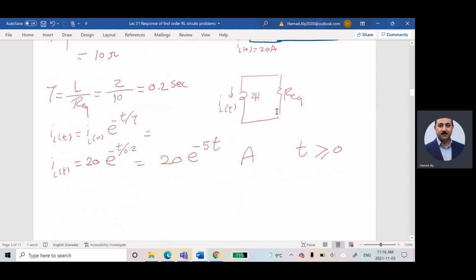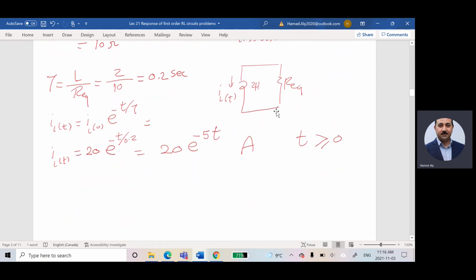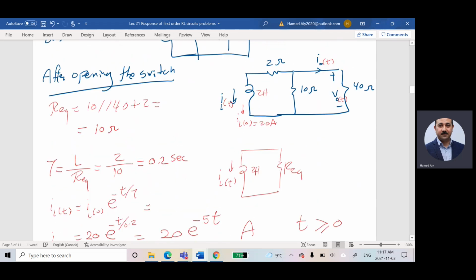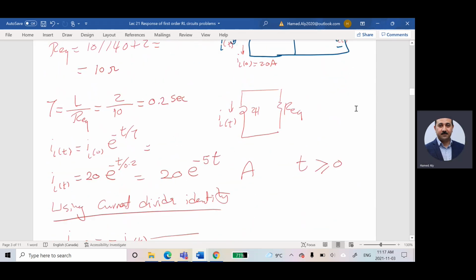So let me go back to calculate IO using the current divider identity. Then I can say that IO of t is equal to negative IL of t multiplied by 10 divided by 10 plus 40.